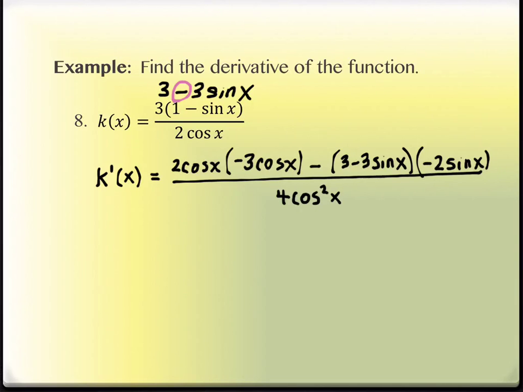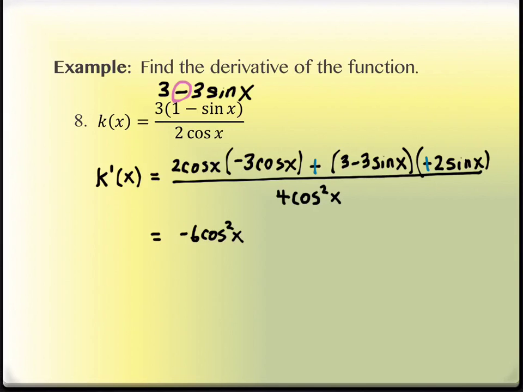Okay? All right, we're going to do a little cleanup. Finish this problem on out. We have negative 6 cosine squared of x. I'm going to go ahead and notice that there's a negative here and a negative here and cancel those to be positive. It'll be easier to keep track of my negatives because I'm going to be distributing both of them anyway.